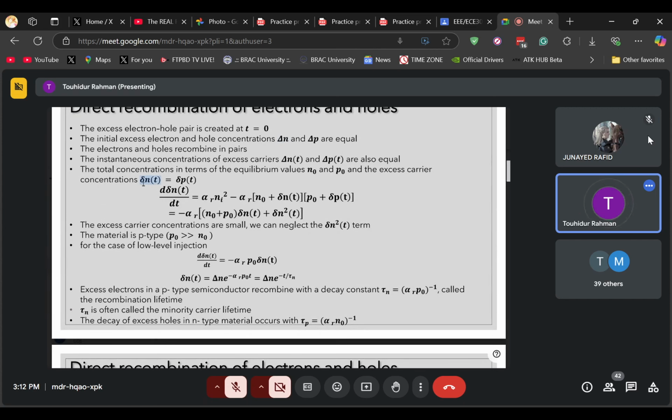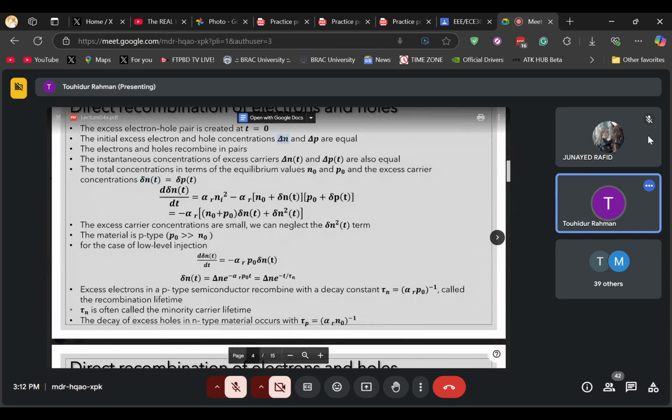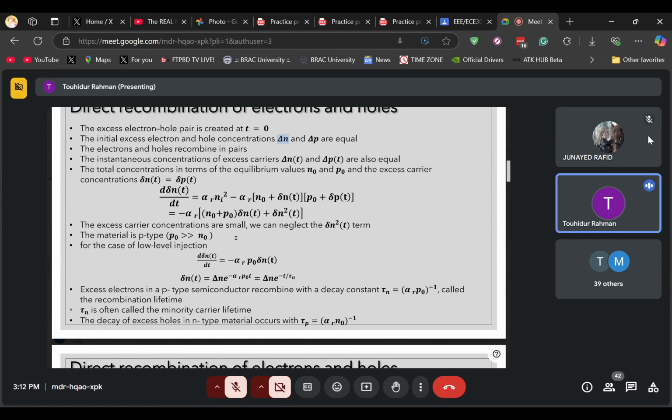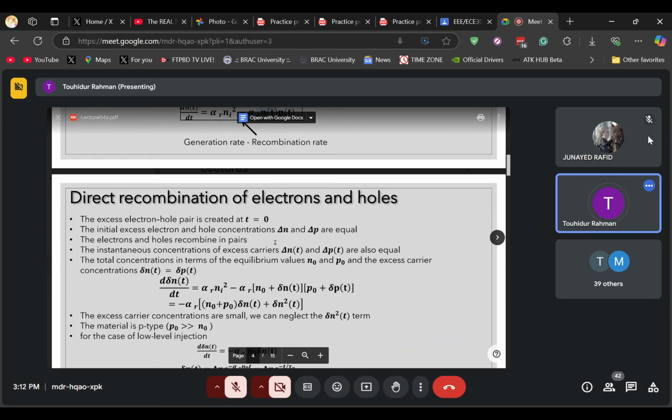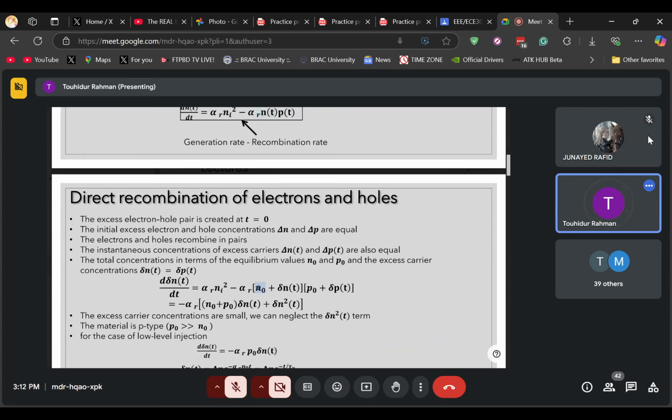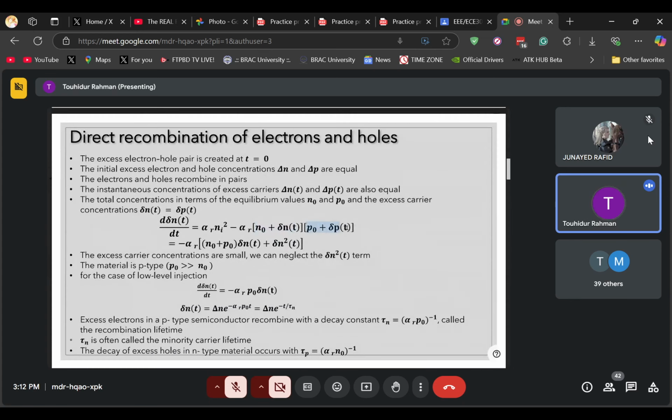That means it's the excess carrier at any time t, and if we use t equal to 0, it becomes delta n. Now if you notice, I don't have n0 here, I have n(t). That means total carrier is the initial carrier n0 plus the excess carrier del n(t). So we can replace it here. We can do the same for p.